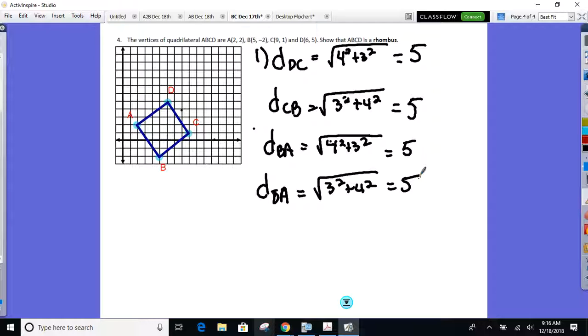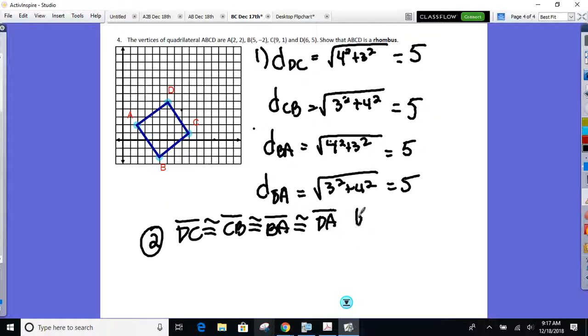Still can't tell me it's a rhombus. Again, remember what I'm asking. If you use a formula, next step, what did you just learn? You didn't learn that it was a rhombus. You learned what about DC, CB, BA, and DA? They're all congruent to each other. DC congruent to CB, congruent to BA, congruent to DA, and then, of course, a why. Because, why are they all congruent?